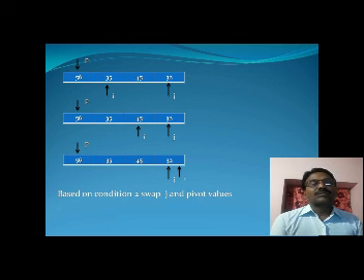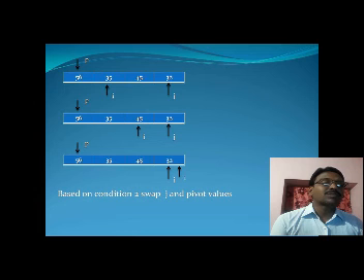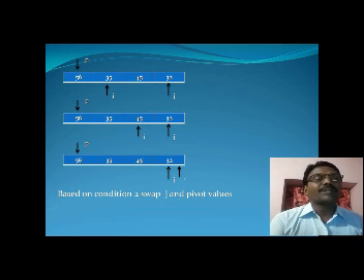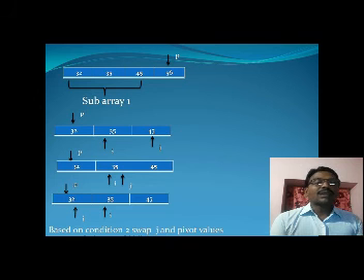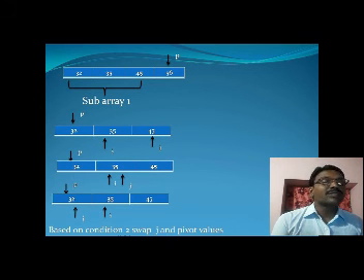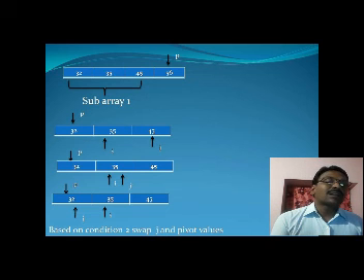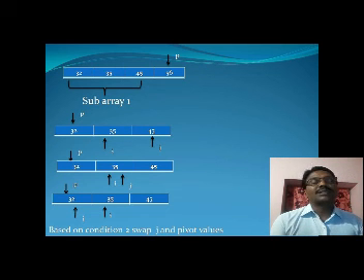That is, the pivot's first position value moves to the last position, and the last position value is moved to the first position. After the swapping, the array values are 32, 35, 45 and 56. Based on the pivot element, there is a left array and right array. Right array, no array. Left array is sub array 1.